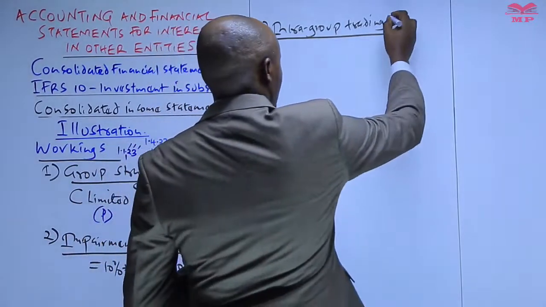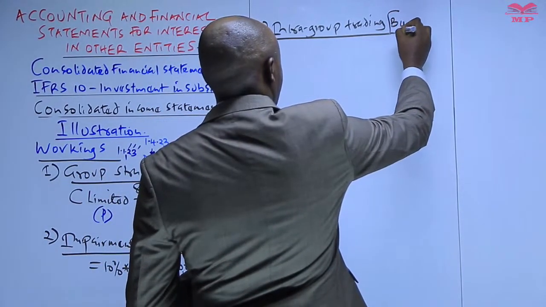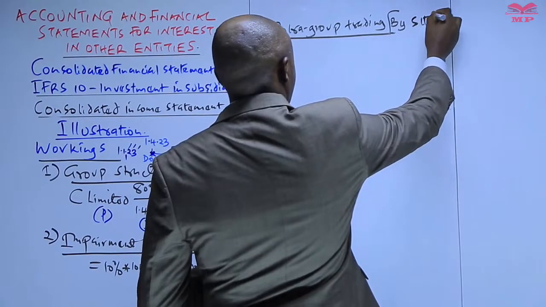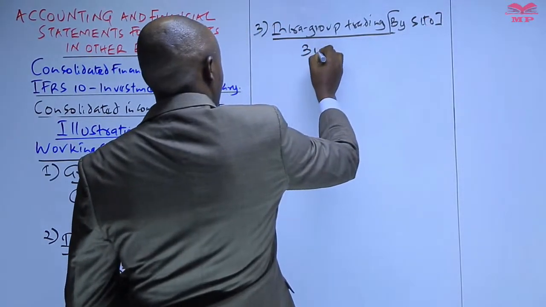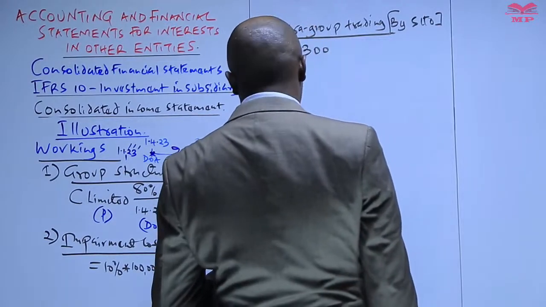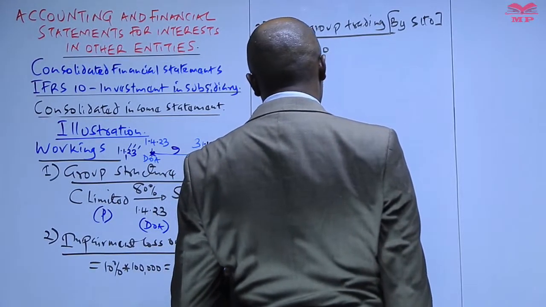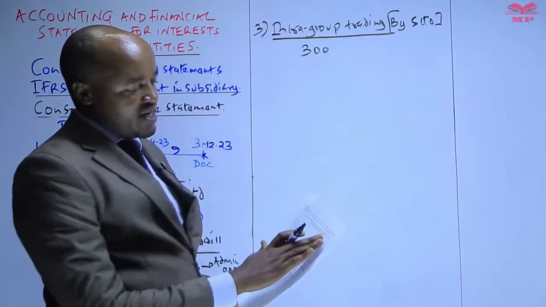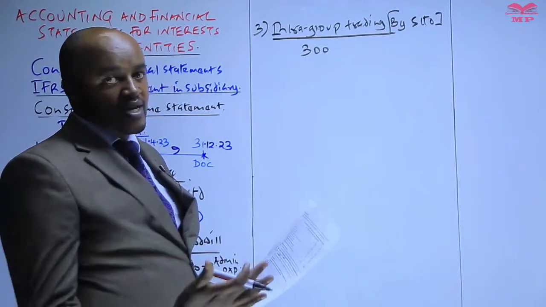And in this case, it is also important to note that these were sales by our subsidiary, that is S Limited, to C. So the goods which were sold by our subsidiary to C had a value of 300,000, and also our figures which are given in the statement of profit or loss are in thousands of shillings.